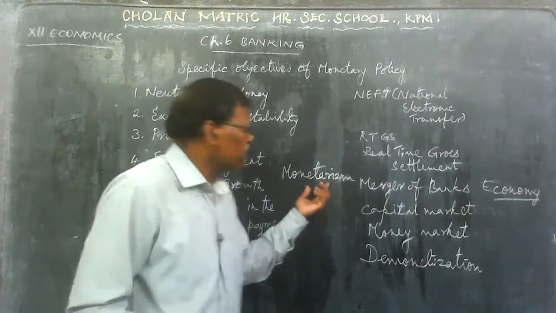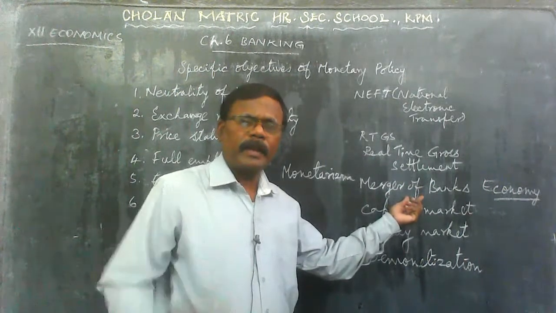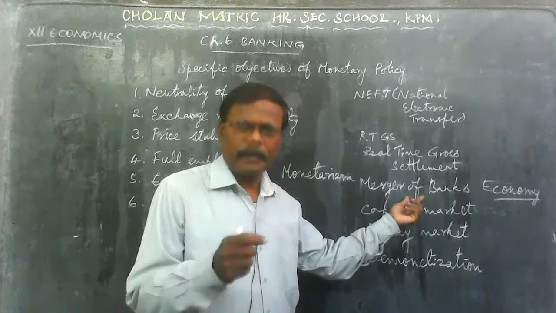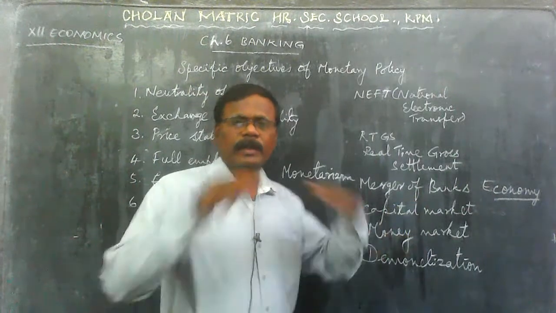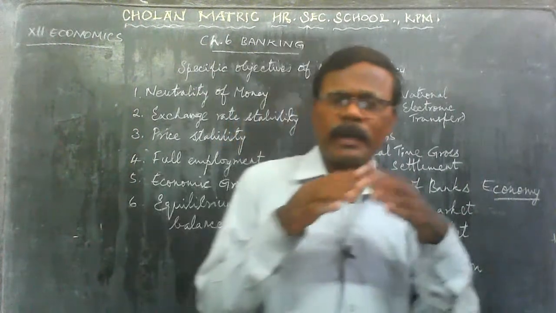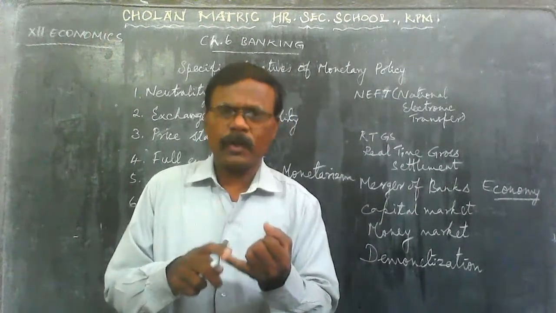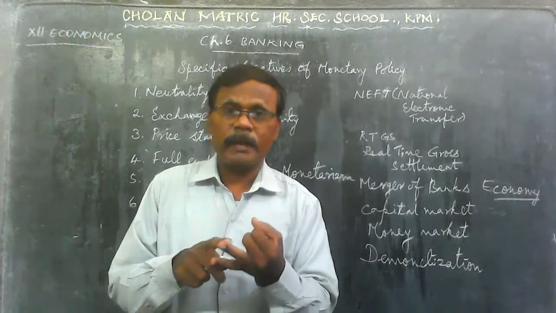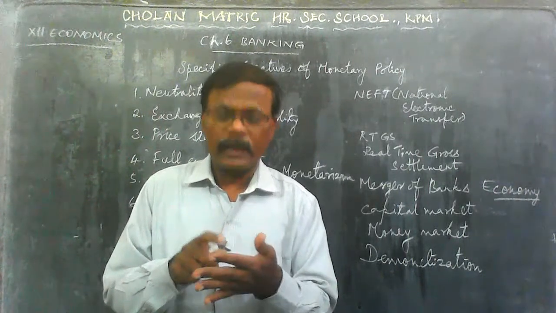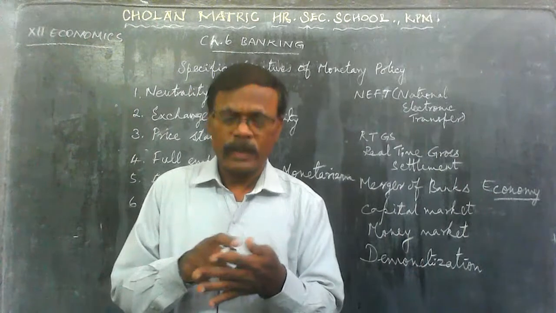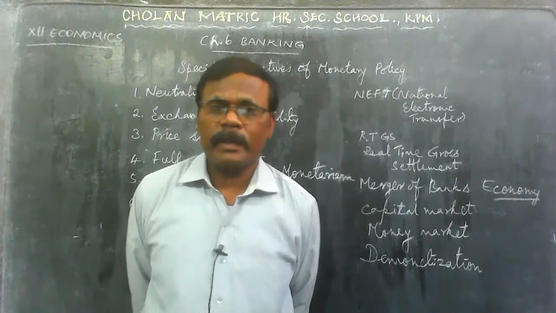For this purpose, the merger bill was passed in Parliament, and because of this, the subsidiary banks have ceased to exist. The five banks merged with the State Bank of India are the State Bank of Travancore, the State Bank of Hyderabad, the State Bank of Mysore, and the State Bank of Travancore.